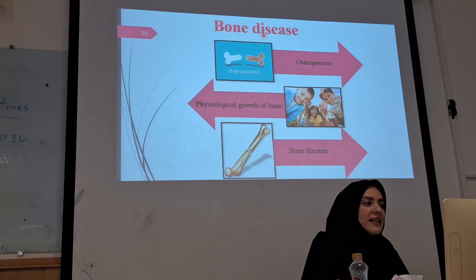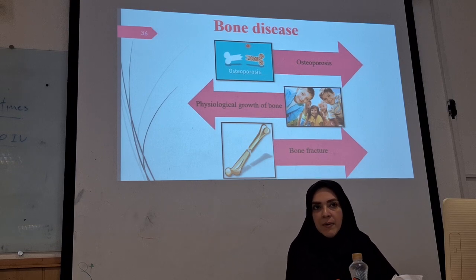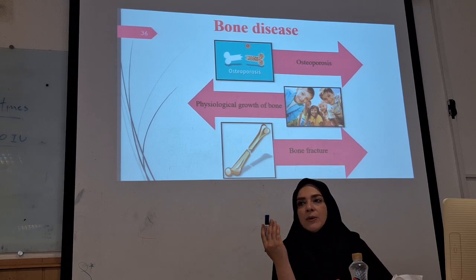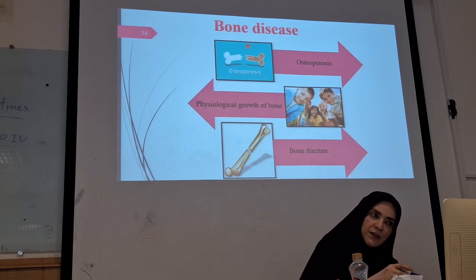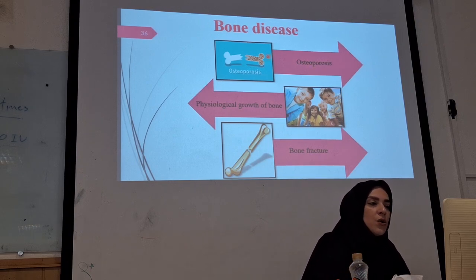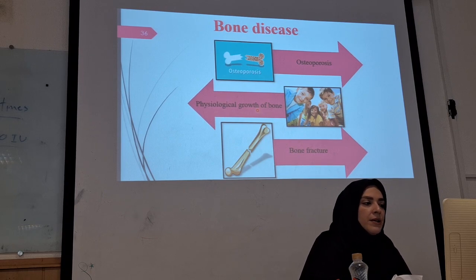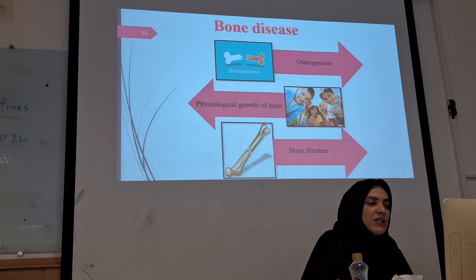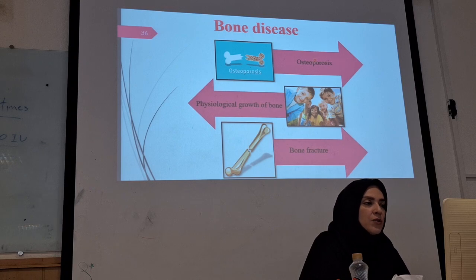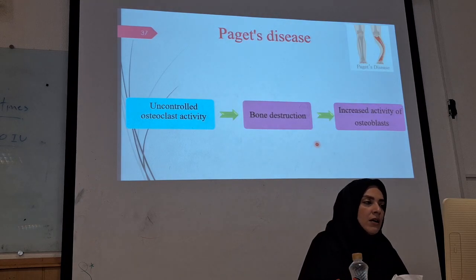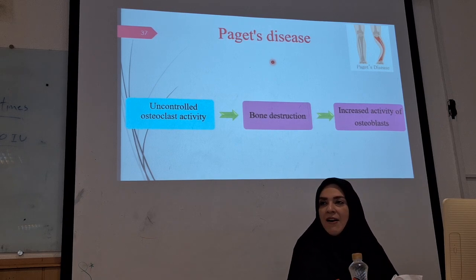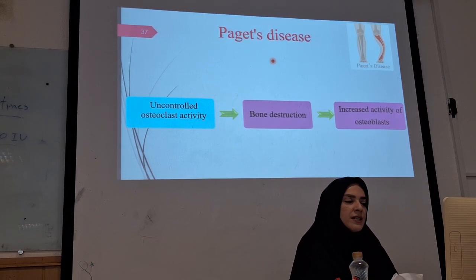And also, this is a bone-specific enzyme, okay? Because not only is it found in the liver, but it can also be found in bone. So in normally growing children, because they have a high activity of osteoblasts, and also in a bone fracture, we have a high concentration of alkaline phosphatase. And also in Paget disease, we have a high concentration of this enzyme.